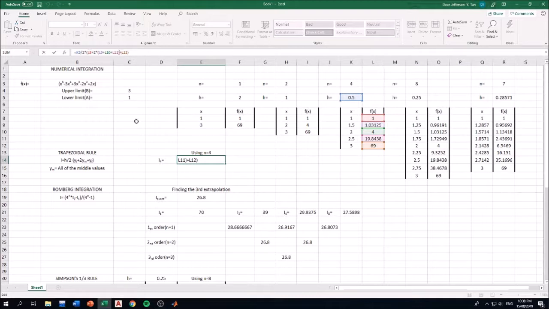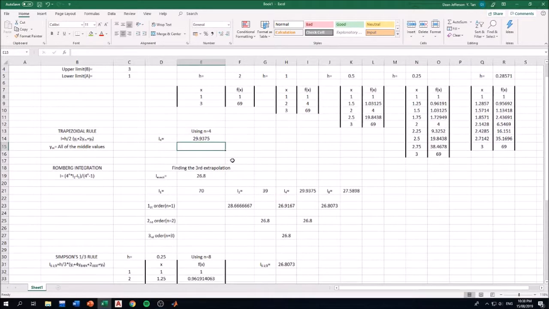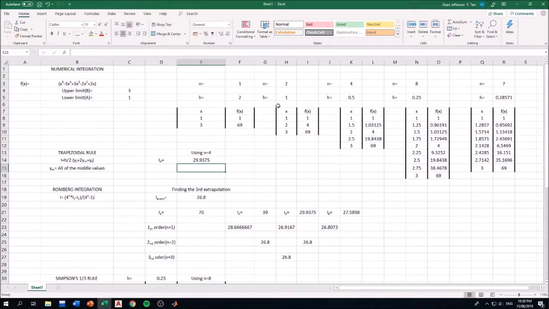That's your y middle plus the y final. After that, press enter so you get the values. There you go. Okay, so what this means is the bigger your strip count, the more accurate your area is compared with the exact one. This is your exact.